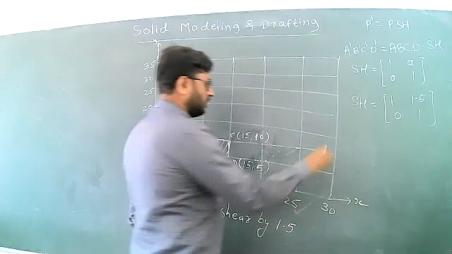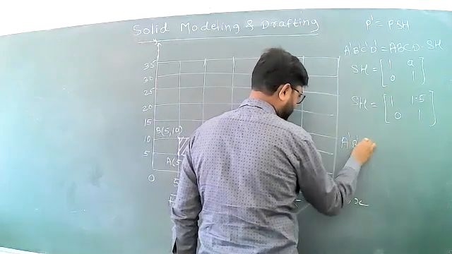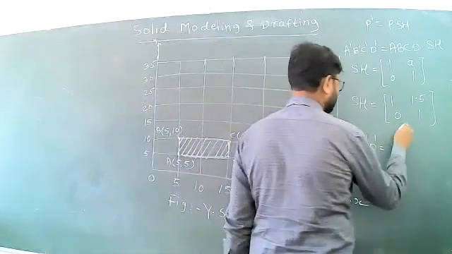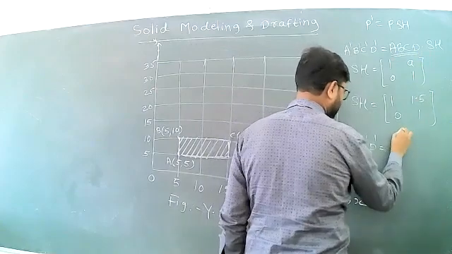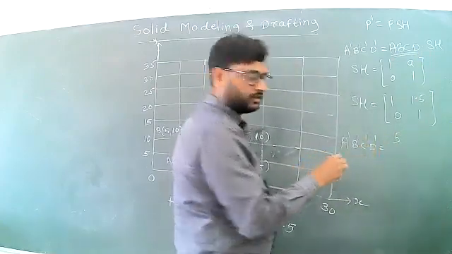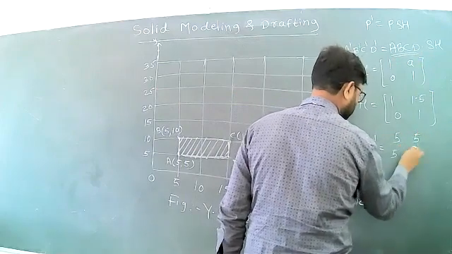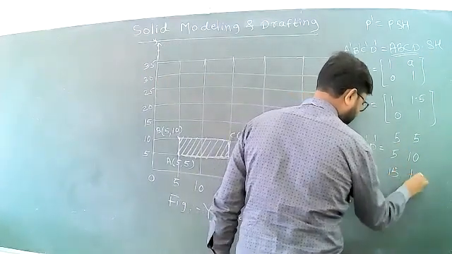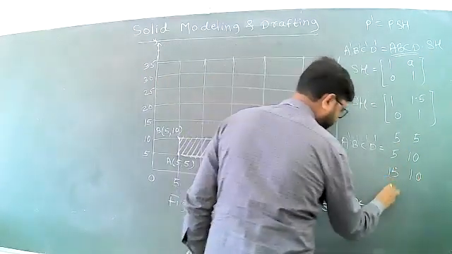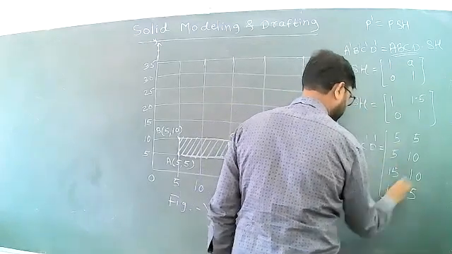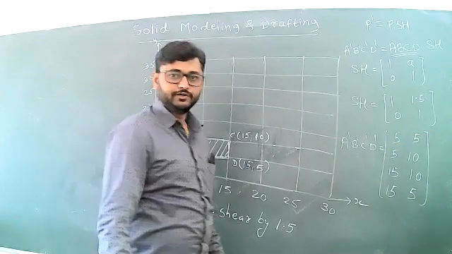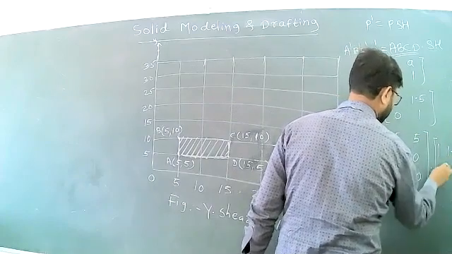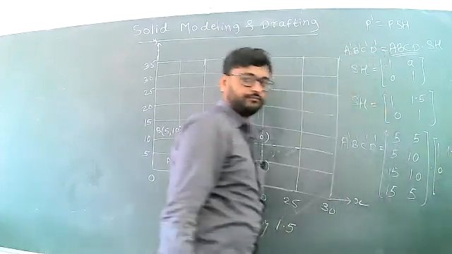So our equation becomes A dash, B dash, C dash, D dash equal to A, B, C, D, whose points are 5, 5; 5, 10; 15, 10; and 15, 5, into the shear matrix 1, 1.5, 0, 1.